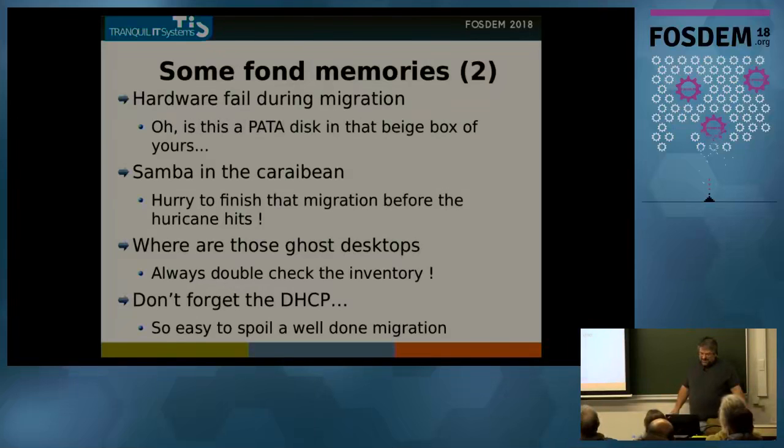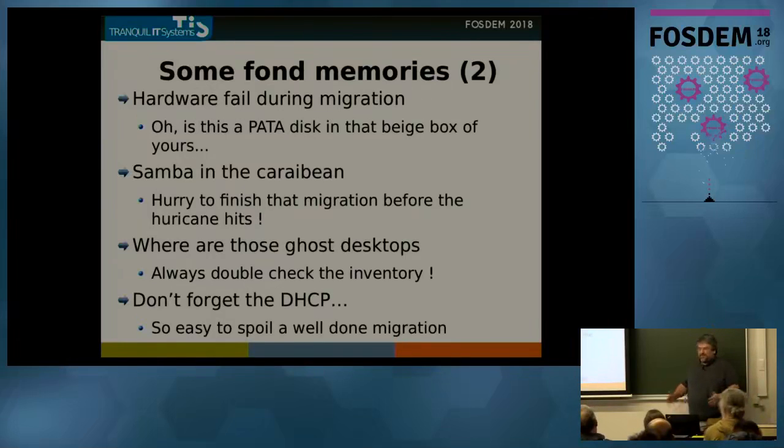And one thing on migration that is very important to do is to have a very good inventory of both your servers and your desktops. Like a client telling me the next morning after migration, "Oh yeah, we are missing 200 desktops from the migration. We didn't find them." And actually, our inventory was right, and theirs was wrong.